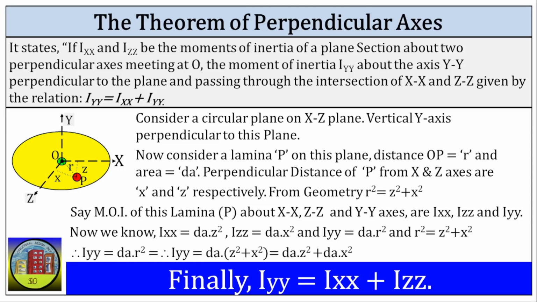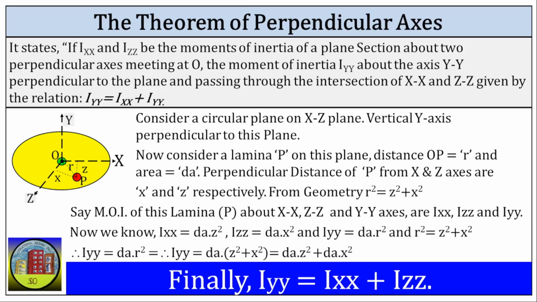Therefore, we can write, Iyy equals dA into r square, equals dA into (z square plus x square), equals dA into z square plus dA into x square. We already know that dA into z square equals Ixx, and dA into x square equals Izz. Finally we proved that Iyy equals Ixx plus Izz.